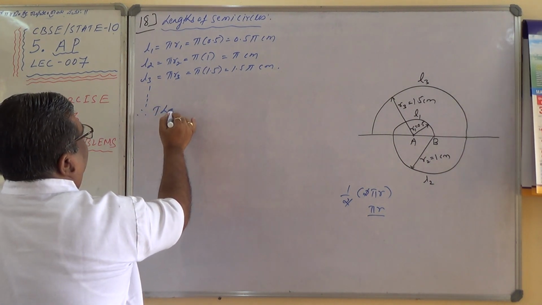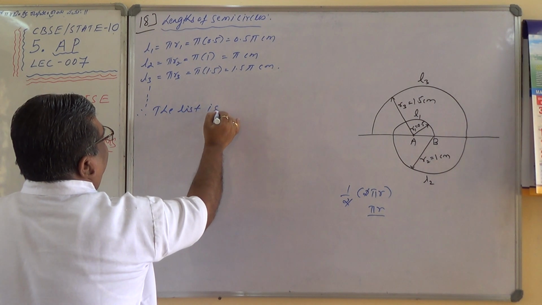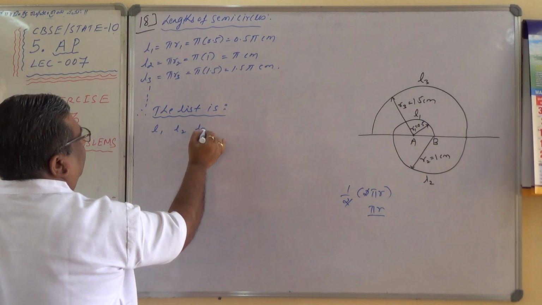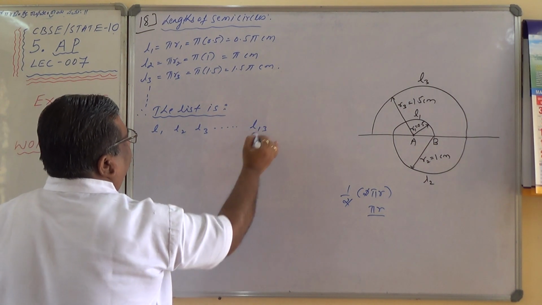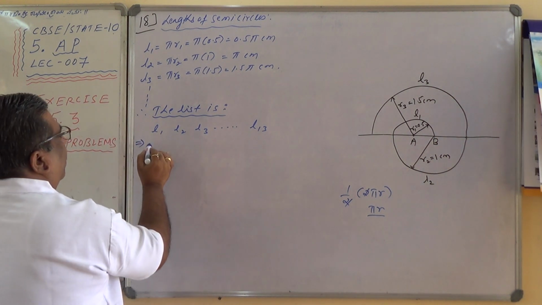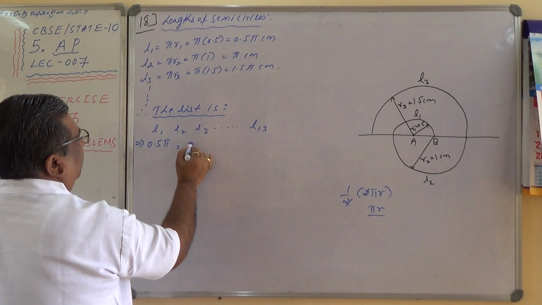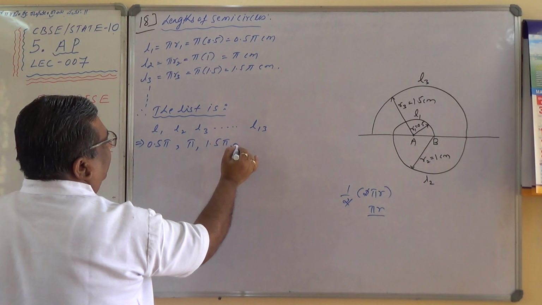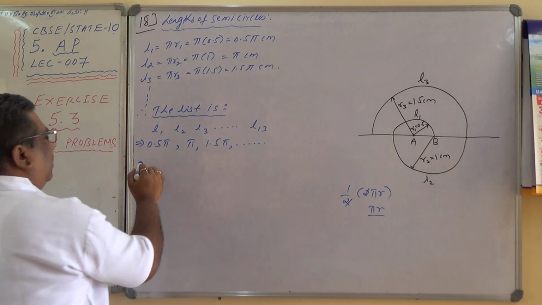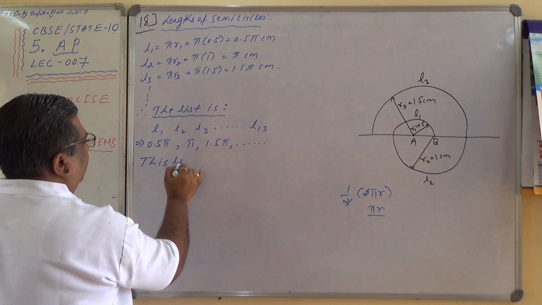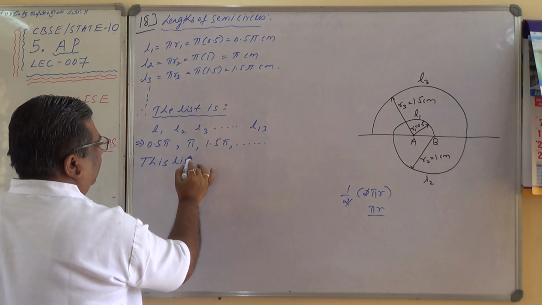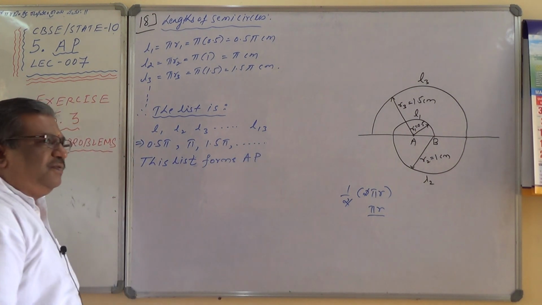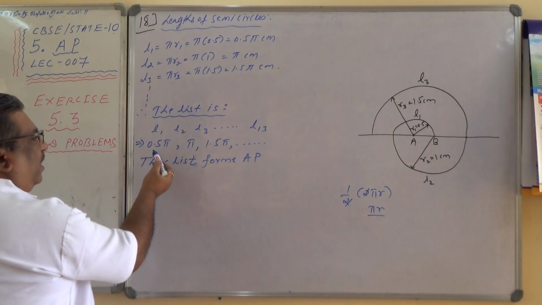Therefore, the list of numbers L1, L2, L3 up to L13 implies 0.5 pi, 1 pi, 1.5 pi, it continues. This list forms an AP. Why is it so?